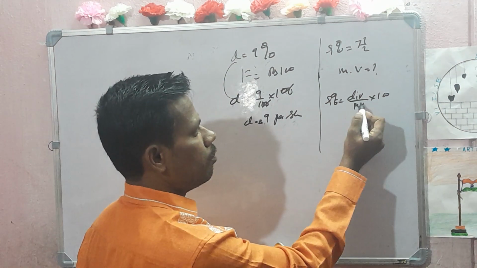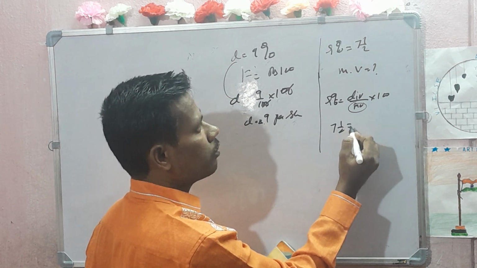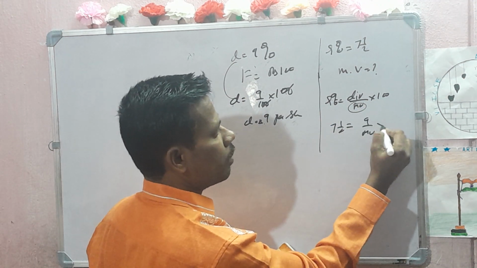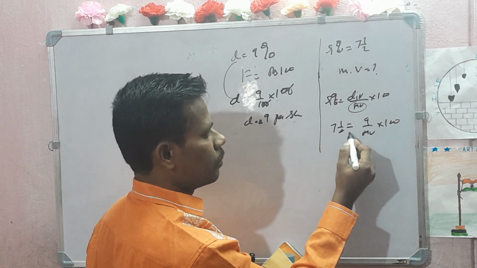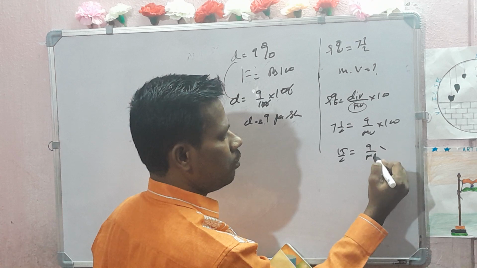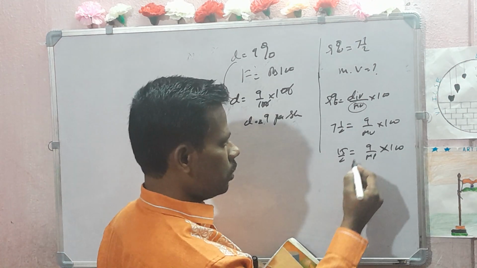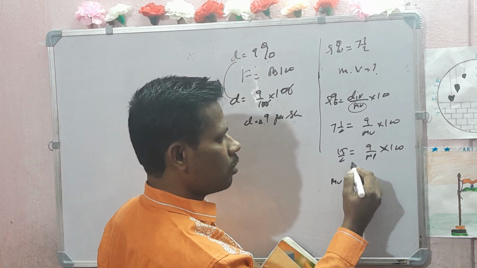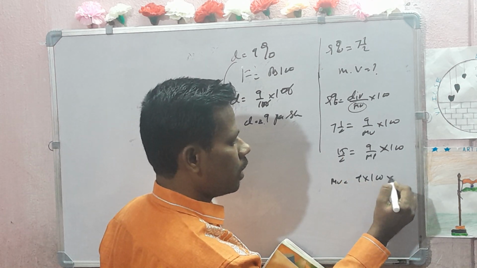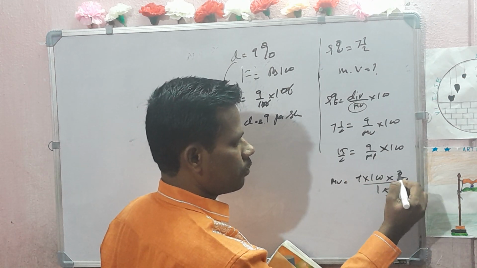So here we should write market value. Rate percentage already given is 7.5, equal to dividend, which we just calculated, 9 by market value into 100. 15 by 2 is equal to 9 by market value into 100. So market value is equal to 9 into 100, 2 by 15.